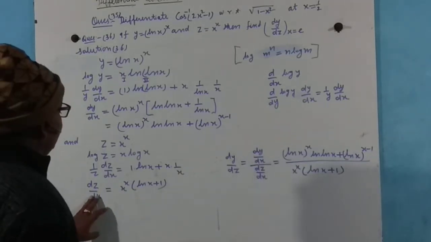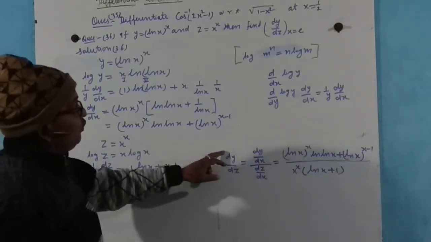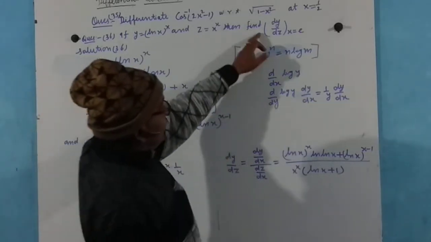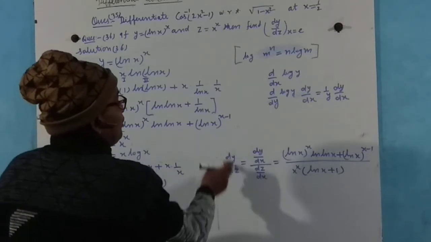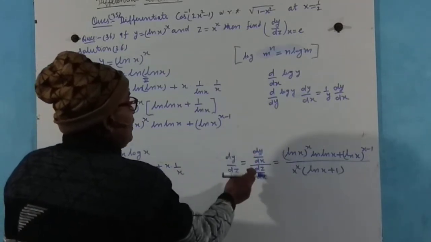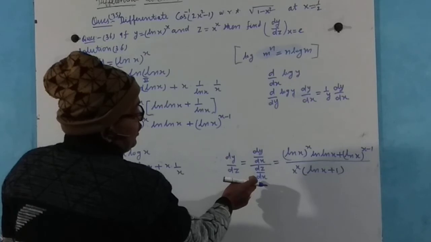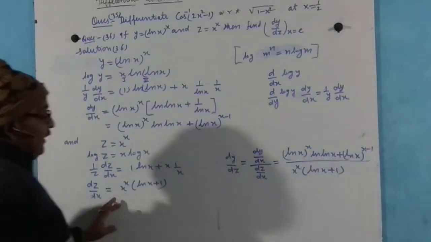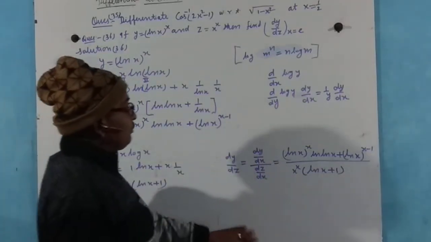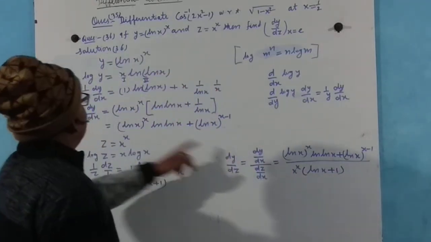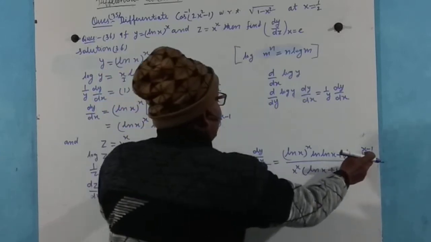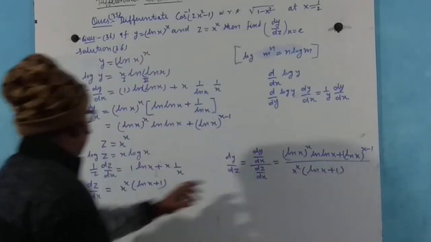Now we have to calculate dy by dz at x equal to e. dy by dz can be written as dy by dx divided by dz by dx, putting in the values of dy by dx and dz by dx.